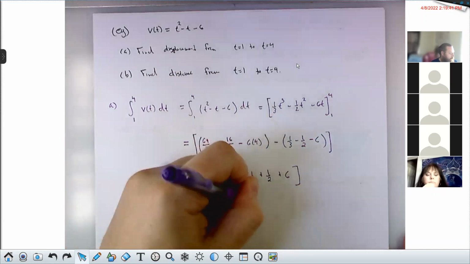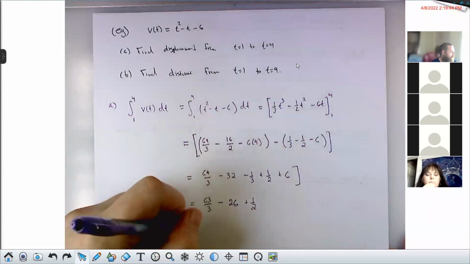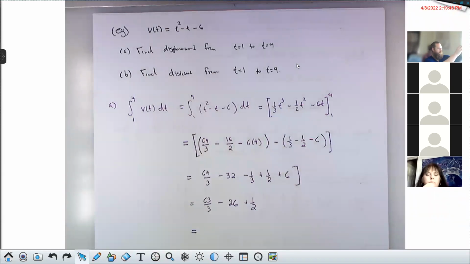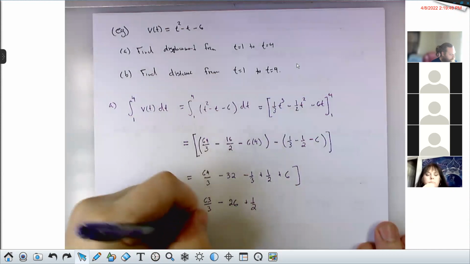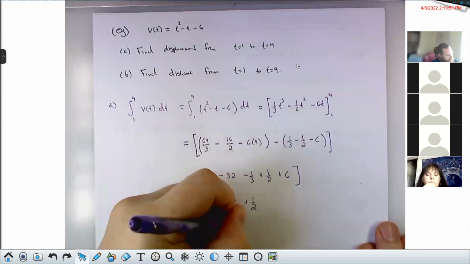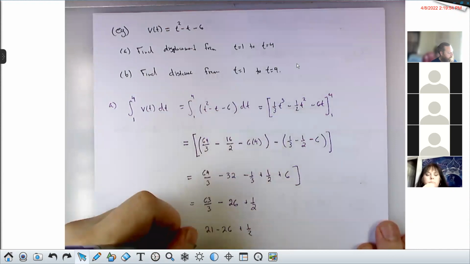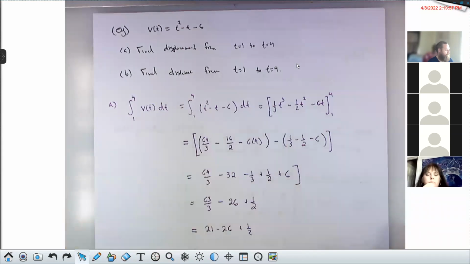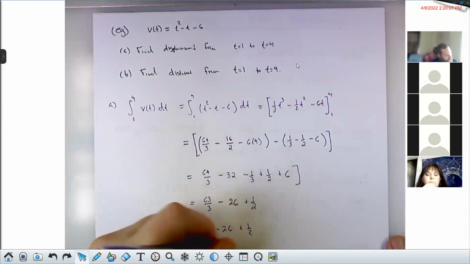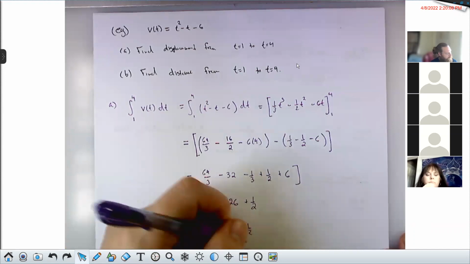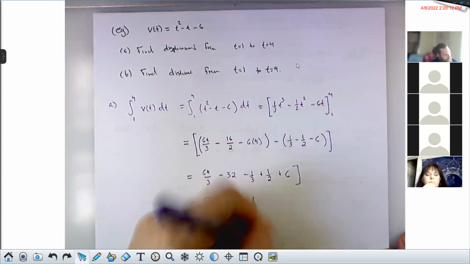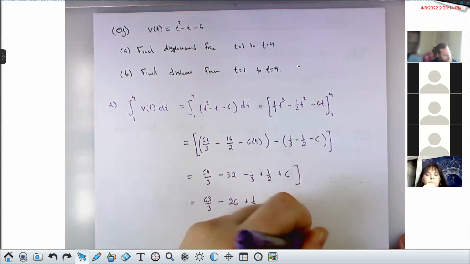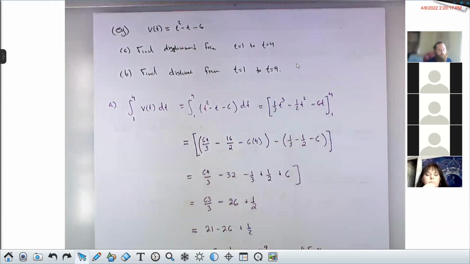And then I've got plus 1/2. 63/3, that is an integer, that is 21. So I've got 21 minus 26 plus 1/2, which is negative 5 plus 1/2, which is negative 9/2. Negative 4.5. And I think we're measuring distance here in meters.